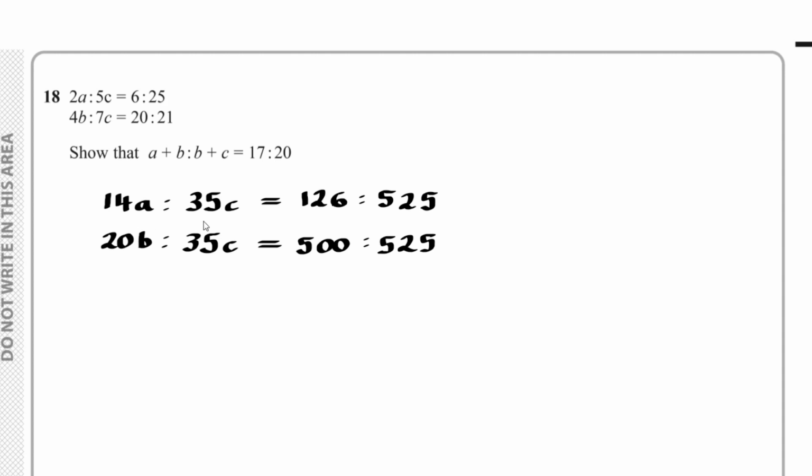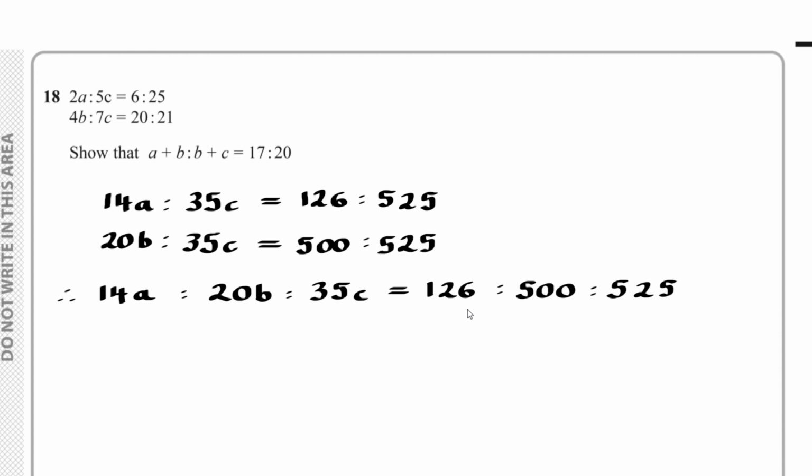So I've got 14a to 35c equals 126 to 525, and 20b to 35c is equal to 500 to 525, which means the ratio of 14a to 20b to 35c is equal to 126 to 500 to 525. Now what I want to do is find the ratio a to b to c, so I can work out a plus b and then b plus c.